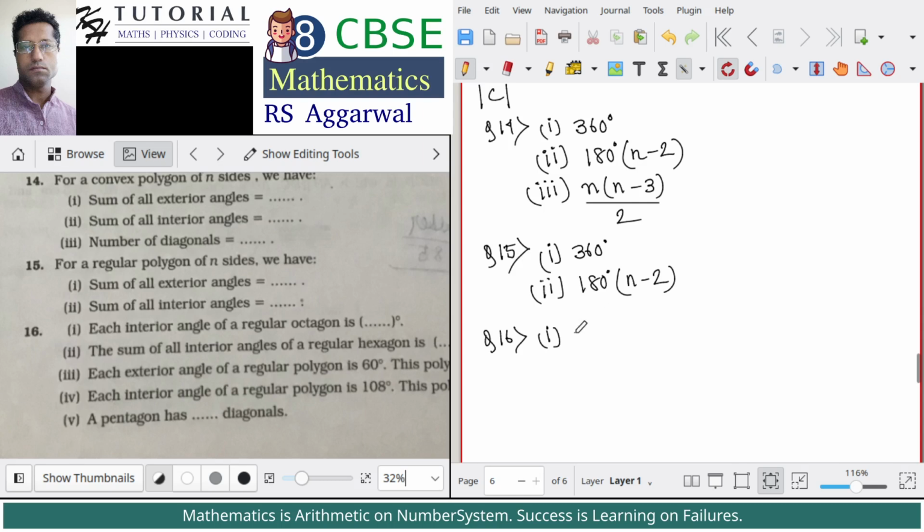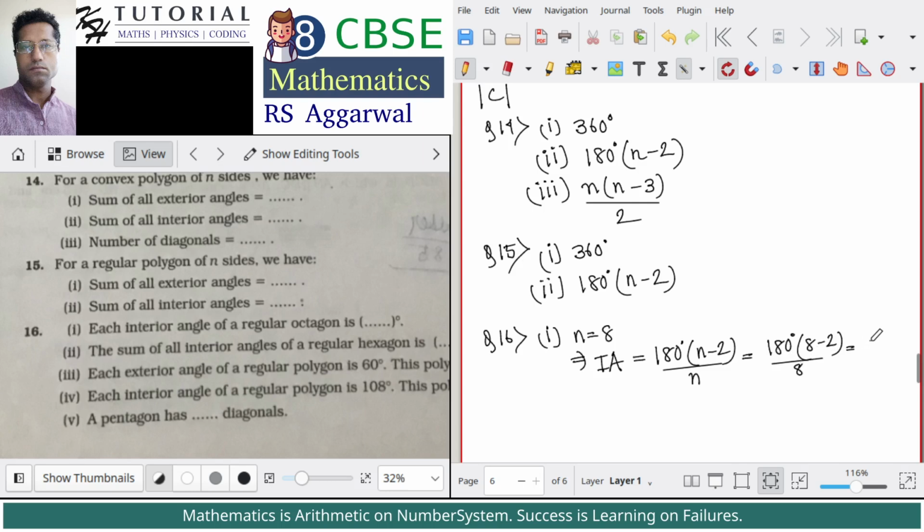Octagon means n equals 8. Abbreviating each interior angle as IA, the formula for a regular polygon of n sides is that each interior angle is 180 degrees multiplied by n minus 2 divided by n. For a regular octagon where n is 8, we have 180 degrees times 8 minus 2 divided by 8.